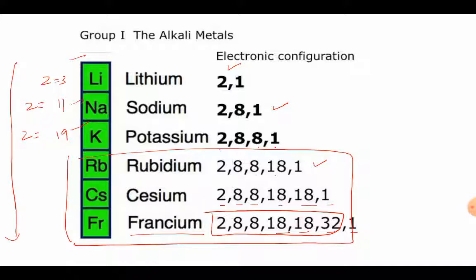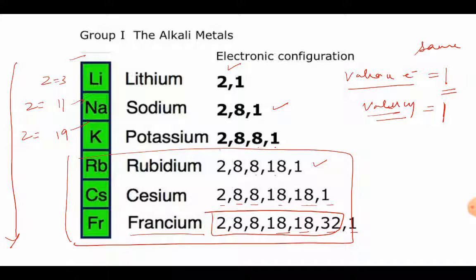from up to down, after doing the configuration, we all get to know that the number of valence electrons is the same in each case, that is 1. And since the number of valence electrons is the same in a group and it fits into the very first rule of valency, the valency of all the elements of group 1 is also the same, that is 1.